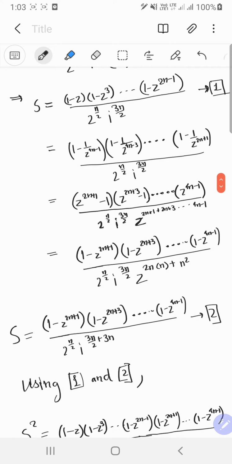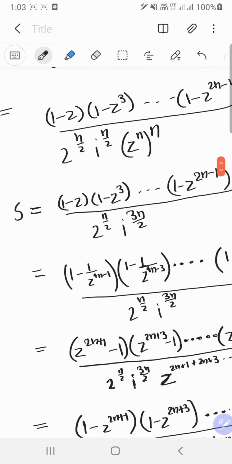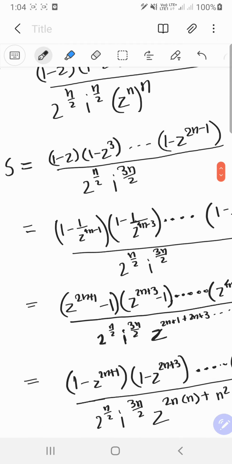Now we're going to modify this a little. So z power 4n will be 1, right? So we can multiply by z power 4n on the numerator and denominator of this z. The numerator one, we will just call that 1, and the denominator one, we will let that be z power 4n. So z power 4n upon z will be z power 4n minus 1, so that's why this is in the denominator.